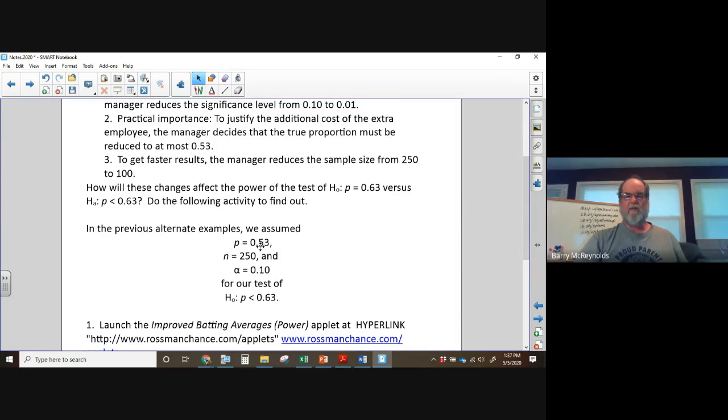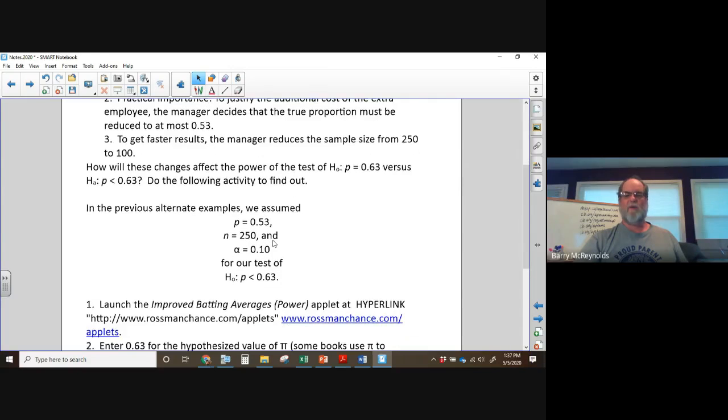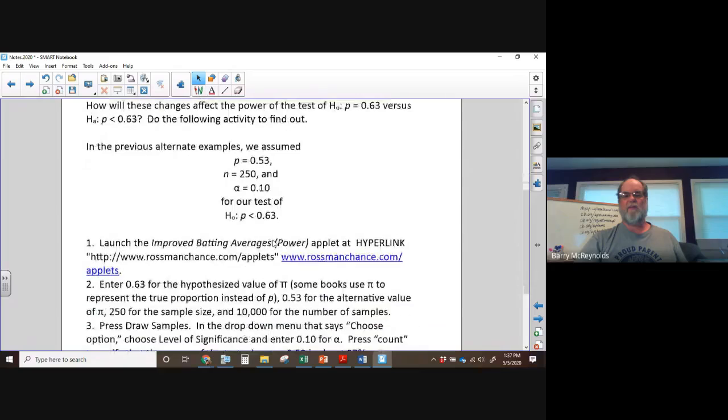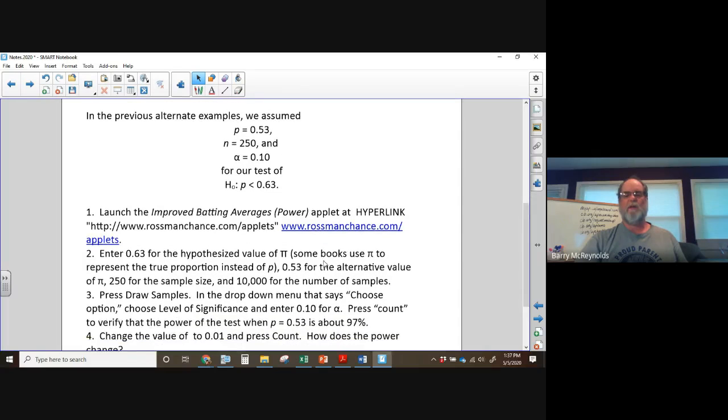And now I'm trying to determine if, after I make the change by adding the new employee, the true proportion is down to 0.53. What we're going to do is use an applet like the ones we've used in class a little bit. Later I'll send you this link and you can toy around with it somewhat.